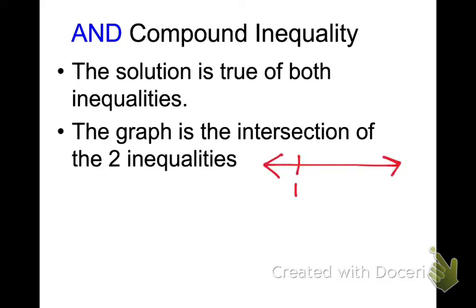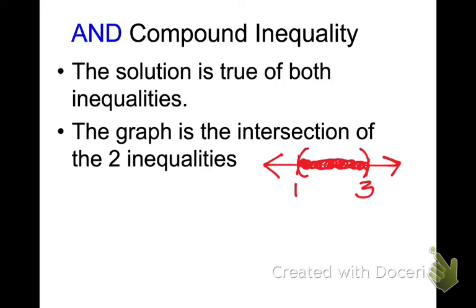If I had a graph with 1 and 3, it would be everything between 1 and 3. So I'm looking for the intersection. That's what your "and" inequalities will end up looking like.